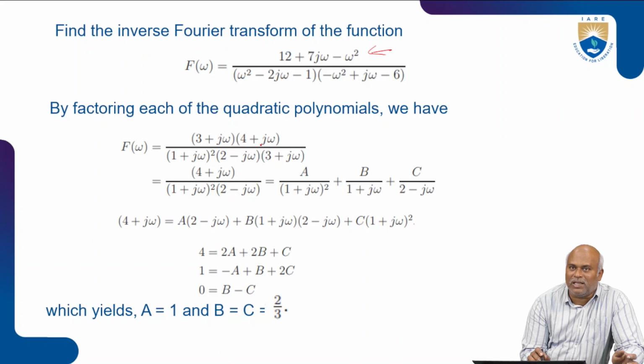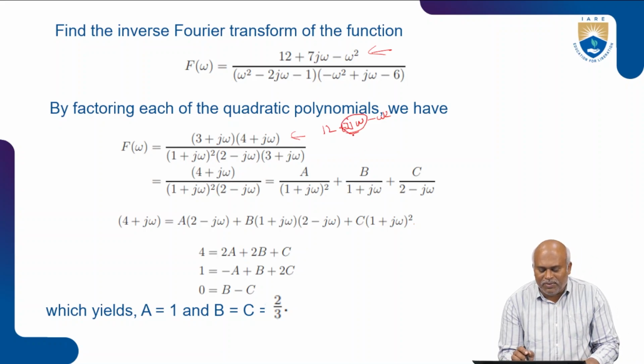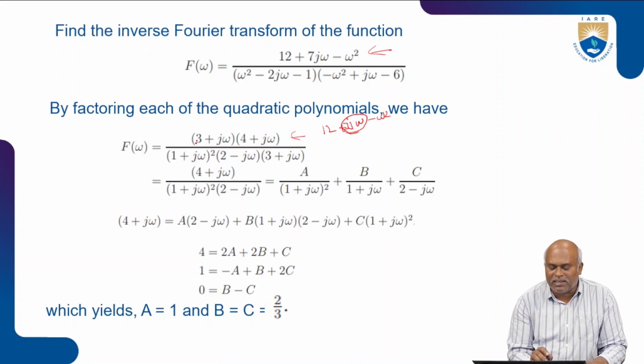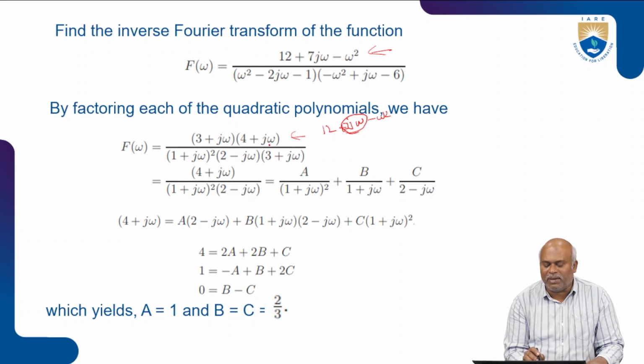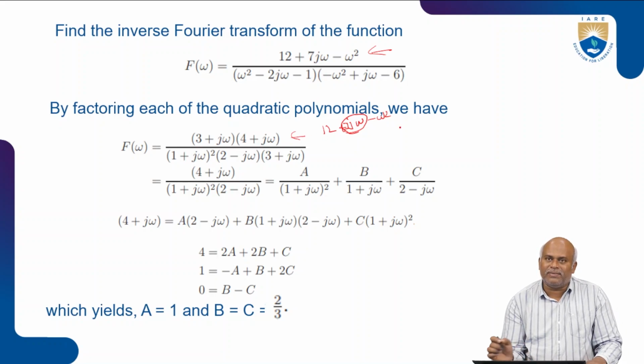Both multiplied, we get 12 + 7 j omega - omega^2. This 7 j omega I split as 4 and 3. So we got (3 + j omega)(4 + j omega) as the numerator.